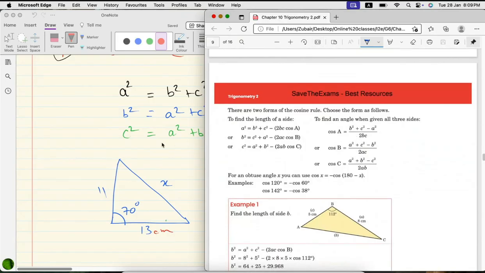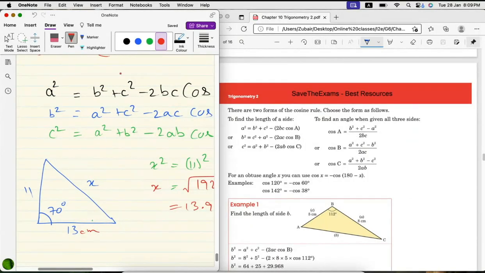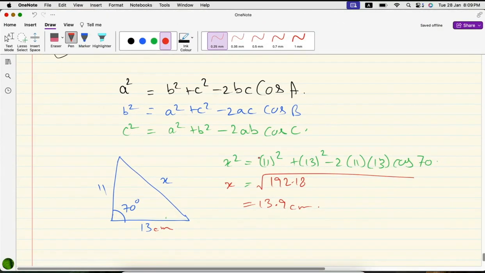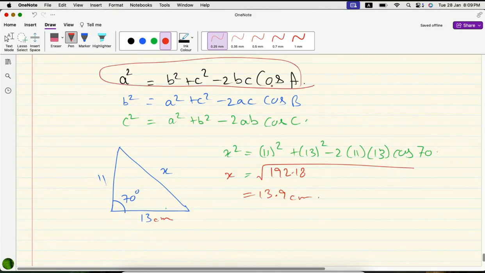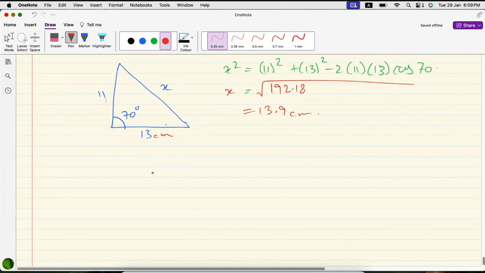Some prefer the formula written in this order, some would prefer making the angle the subject of the formula. If we look at the first one, I'm trying to make cos A and then A the subject. a square is equals to b square plus c square minus 2bc cos of A. First of all, I'm taking these two sides to the other side.